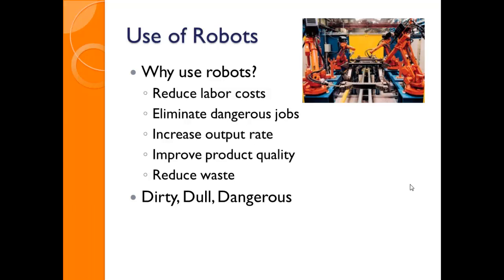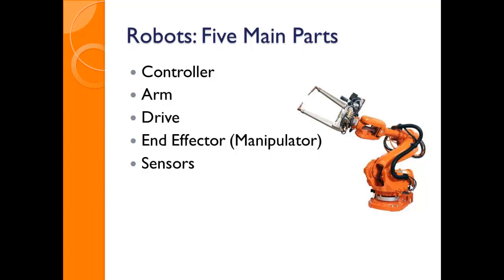Dull, jobs that are repetitive, putting the same 4 spot welds on an automotive chassis over and over and over all day. Dangerous, detonating a bomb. You could be cleaning the inside of a nuclear reactor. All those things are examples of dirty, dull, and dangerous. Those are jobs that we use robots for.